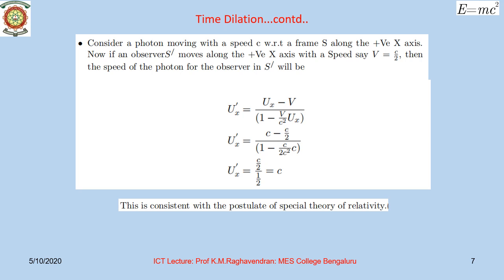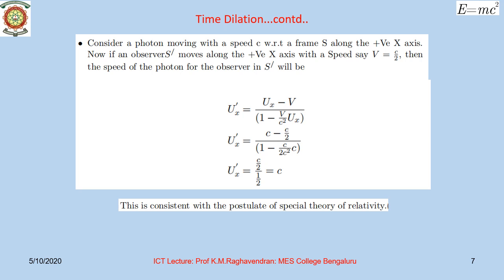Let's work this out. Now, using the normal transformations, ux dash is equal to ux minus v divided by 1 minus v by c squared ux. Therefore, substituting for v, ux dash is equal to c minus c by 2 divided by 1 minus c by 2 c squared times c, or ux dash is equal to c by 2 divided by half, which is equal to c.